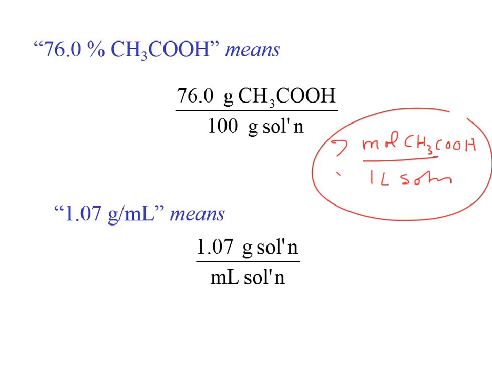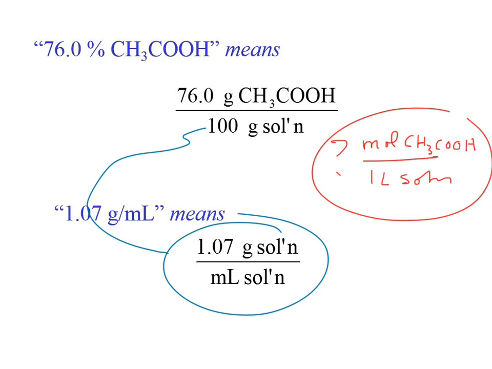If I flip this one and bump it up against the top term, do you see where units of grams of solution cancel? Yeah. That's like if you play with a puzzle, you just move things around.